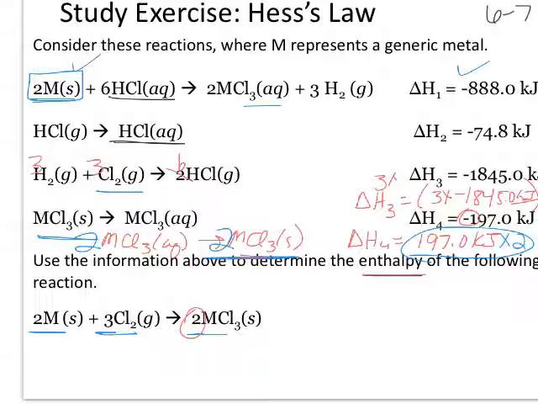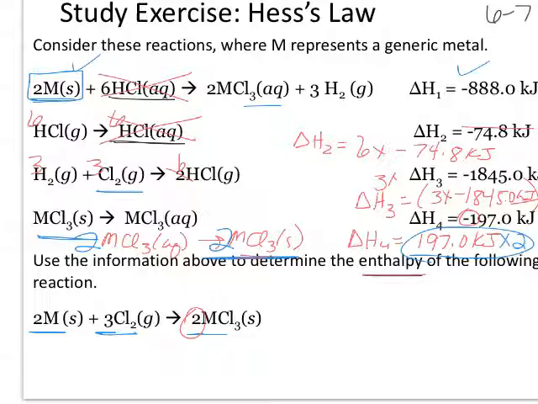So if you added up these total equations, you would have 5 HCl aqueous on the reactant side. So you're going to have to multiply this by 6, which means delta H2 equals 6 times negative 74.8 kilojoules. Now, what's nice about that is I can cross out these two.